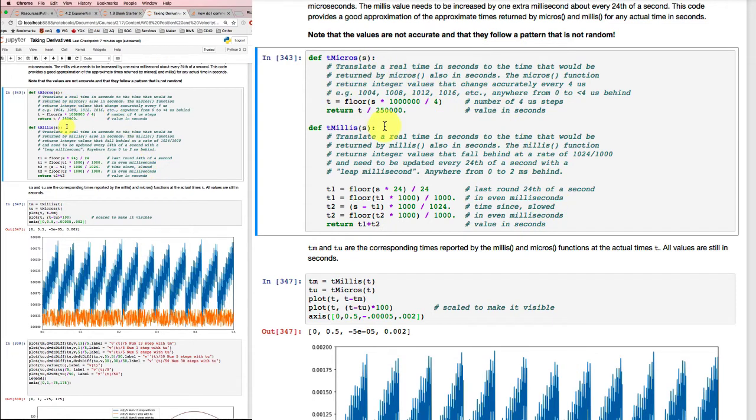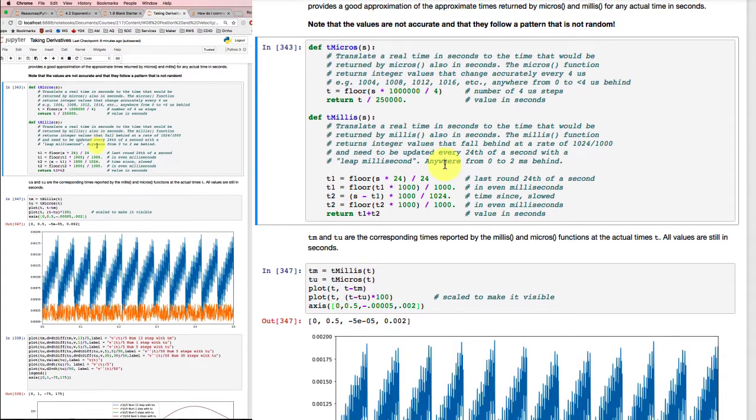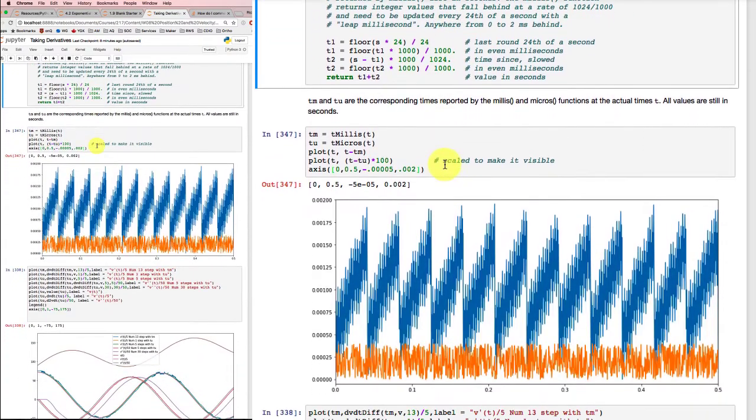So the details here allow us to make estimates of what the Arduino will think the time is when we know what the actual time is. And so here I've already got a variable called t for time. I'm going to figure out what the value of t in milliseconds looks like as returned by the millis function as a function of t.